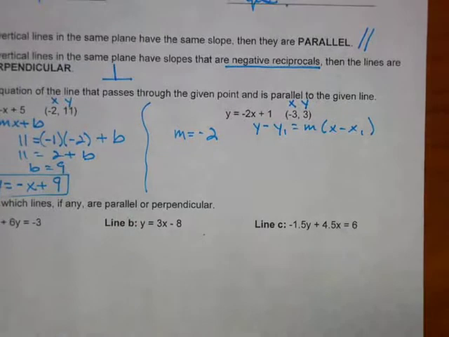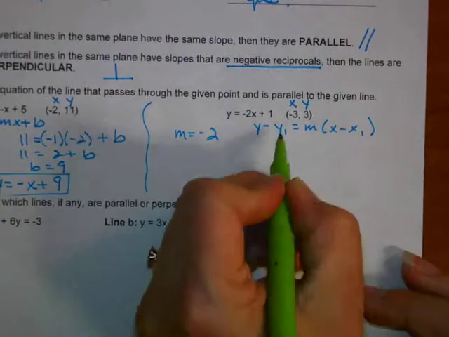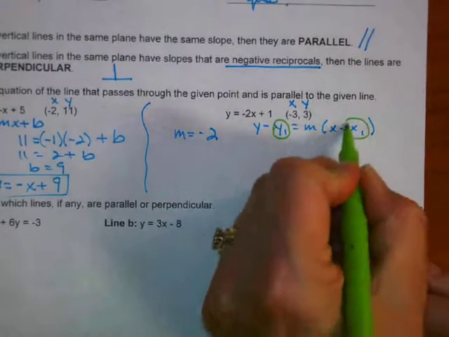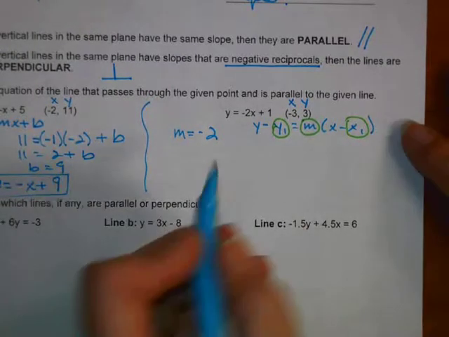You don't have to do any work at all. All you do is you plug in the point and the slope. That's it. And you have an equation of a line that's parallel.